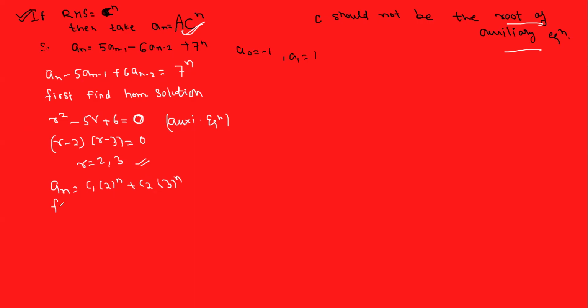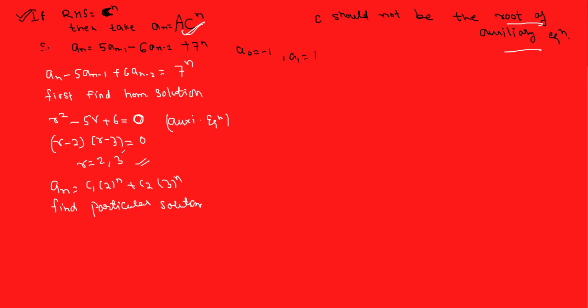Now find the non-homogeneous solution. Non-homogeneous solution is the particular solution. So find the particular solution only when the right hand side is not equal to 0. Here the right hand side is what? C raised to n, right?